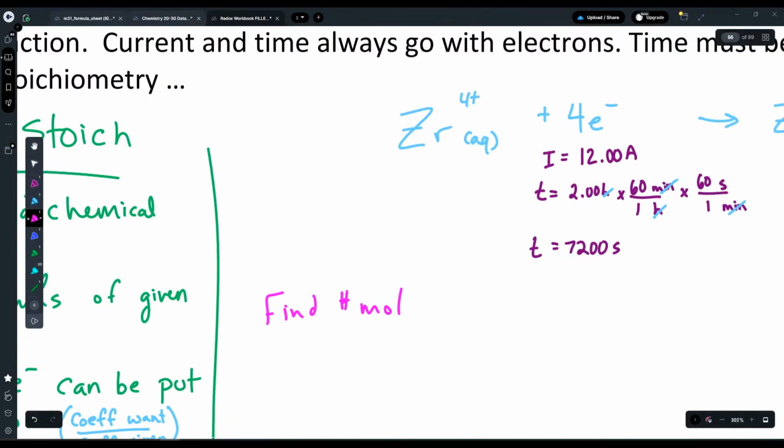So find the number of moles of electrons using moles of electrons is equal to current multiplied by time divided by Faraday's constant.